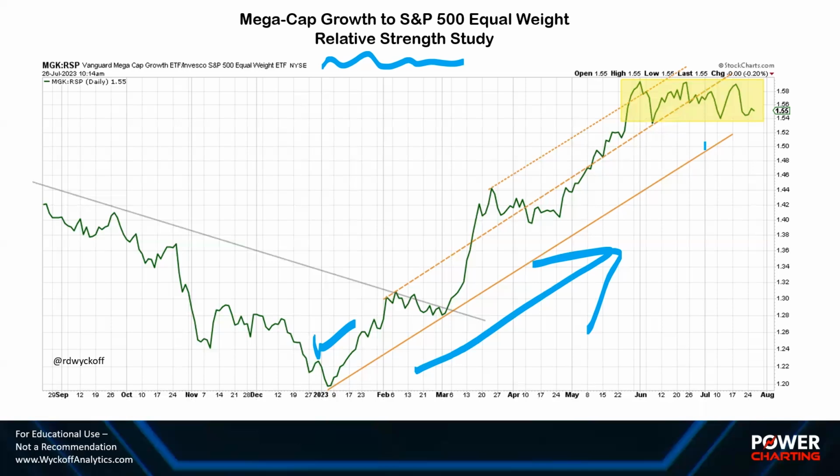And so we have basically erased the market capitalization influence of these mega cap growth names in the S&P 500 for comparison purposes. And we do relative strength of the two against each other, and we can see that now the average S&P 500 stock is performing in parity with mega cap growth. Well, will this go on?